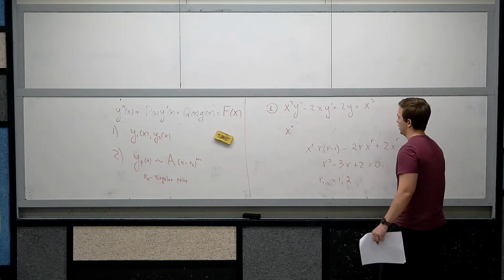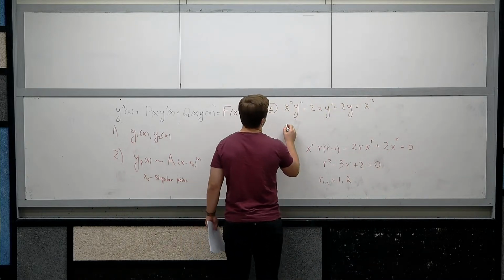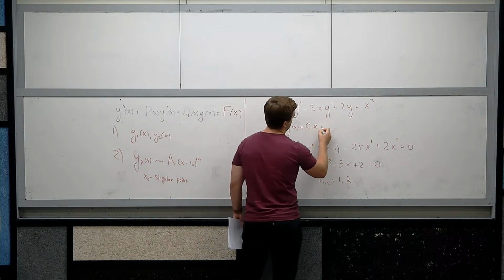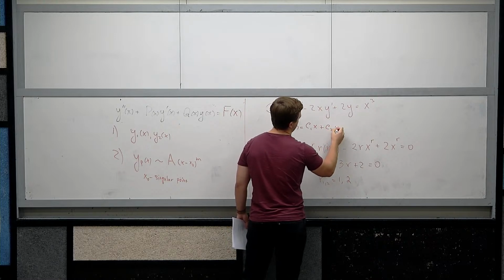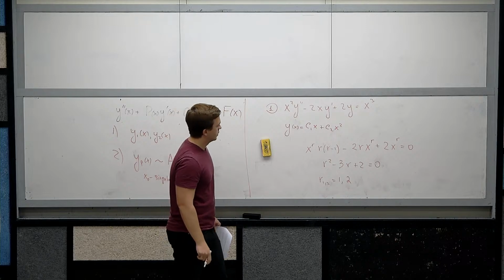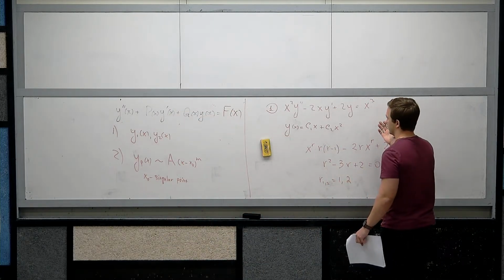So the general solution of the homogeneous equation is c1 x plus c2 x squared. And then we need to find the particular solution of the inhomogeneous equation.